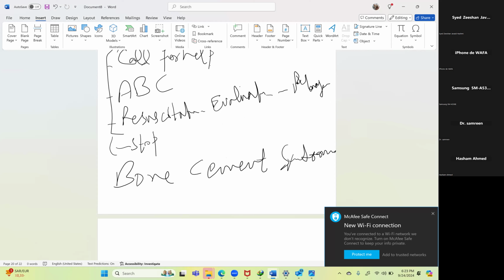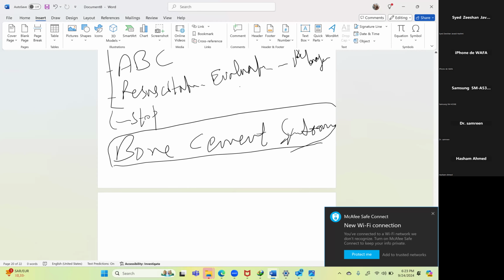Actually, bone cement syndrome occurs in any orthopedic surgery in which they are using bone cement, that is polymethyl methacrylate.